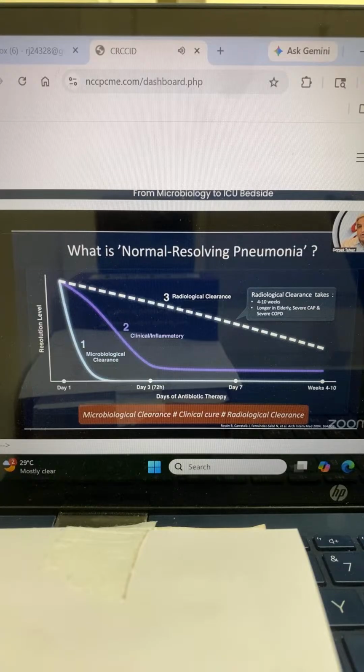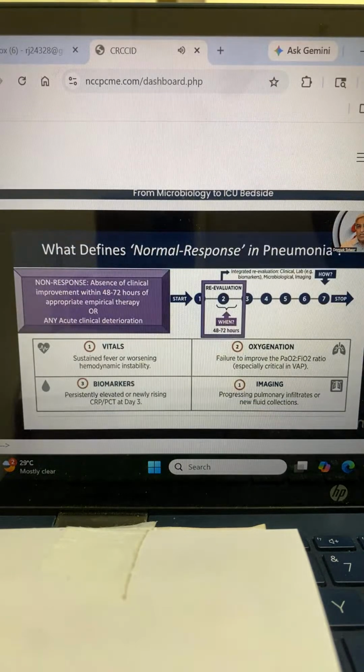It can be much longer in people who are elderly, who have severe community-acquired pneumonia or underlying severe chronic obstructive pulmonary disease. But remember, microbiological clearance is not equal to clinical cure, and clinical cure is not equal to radiological clearance. Everything may go well, and still radiological clearance may occur many weeks after the patient is completely alright.